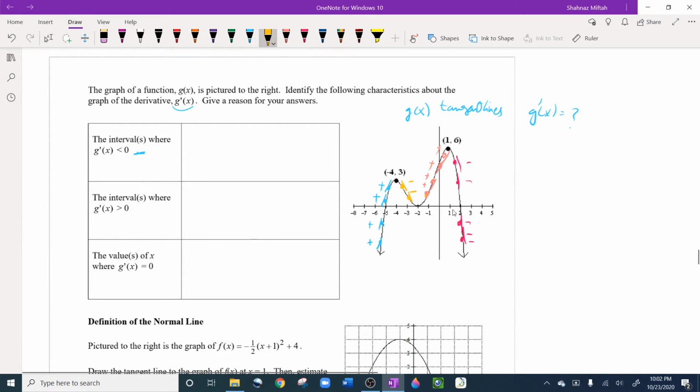So you're going to say this, g prime: pick every word from the question. So it says g prime of x is less than 0 on -4 to -2.